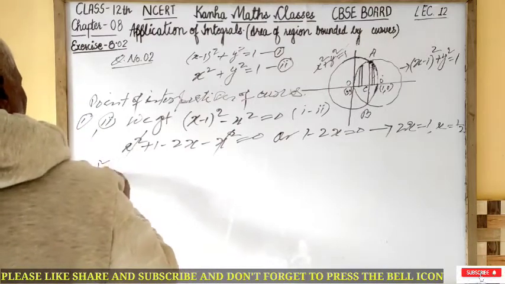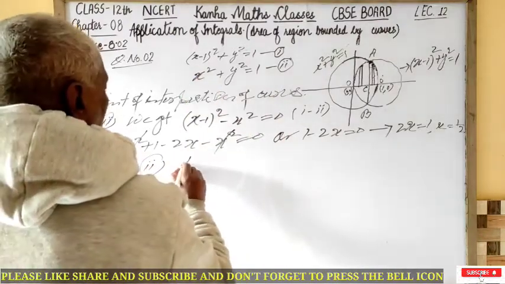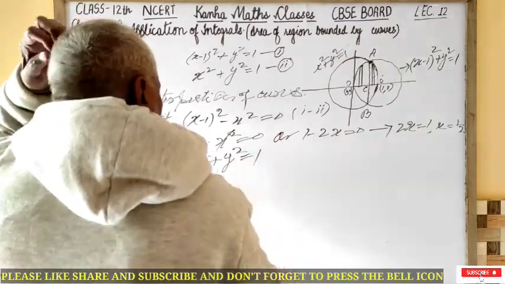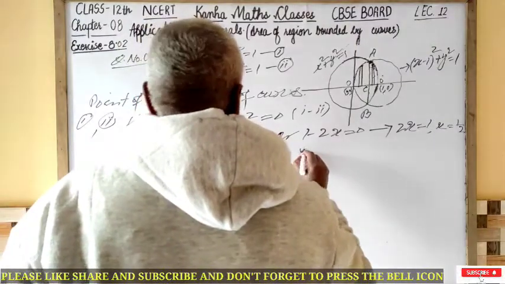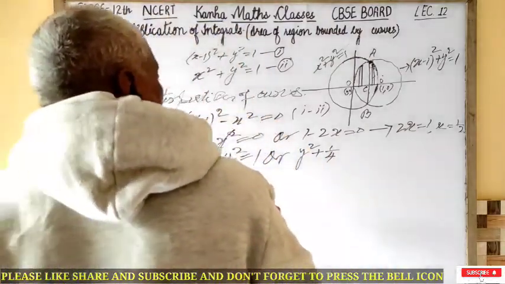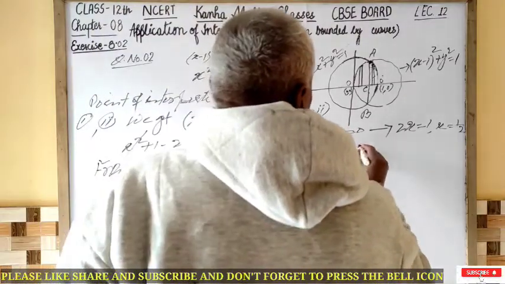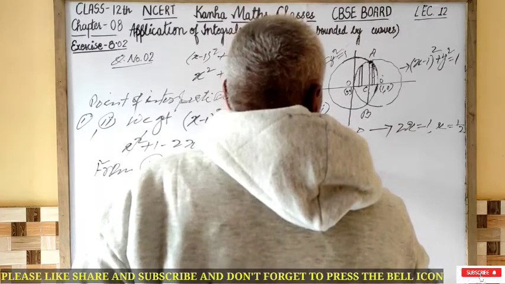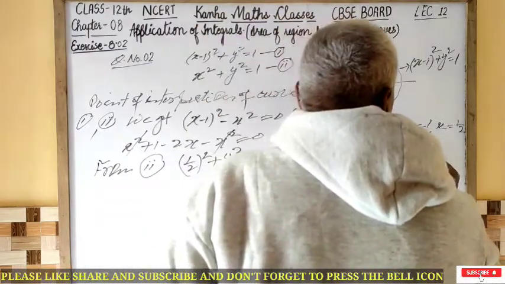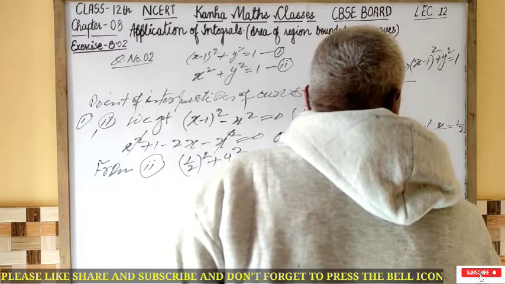Now from equation number 2, (1 by 2) whole square plus y square is equal to 1, or y square plus 1 by 4 is equal to 1, or y square is equal to 1 minus 1 by 4, means 3 by 4, or y is equal to plus minus root 3 by 2.